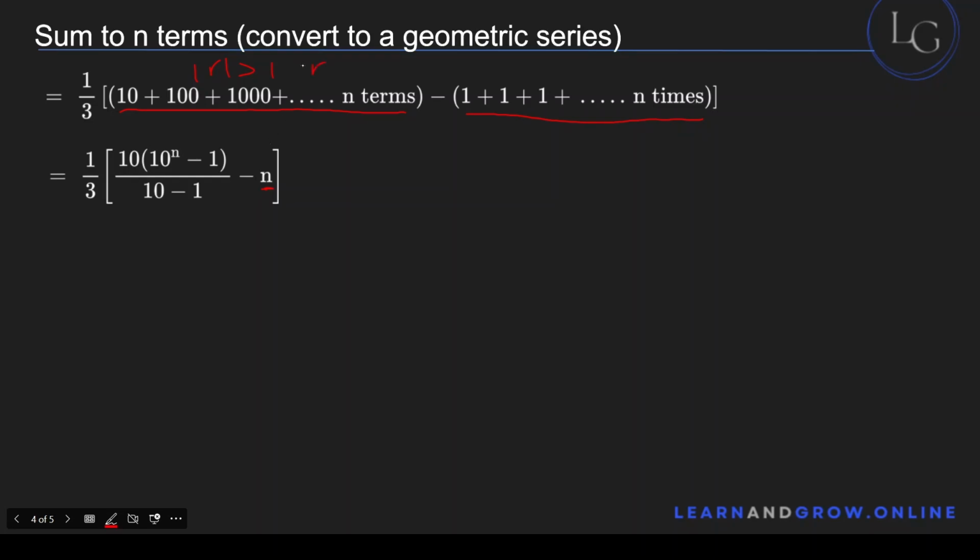The absolute value of r here is 10. So we'll apply that formula here. And so once you've done that, this is what you'll get. This is what we had to find: a formula to find the sum to n terms of the original series given to us.